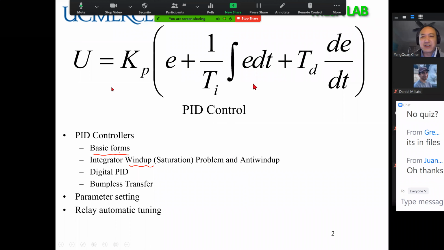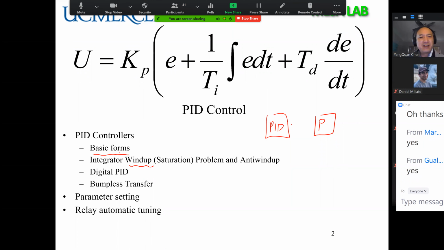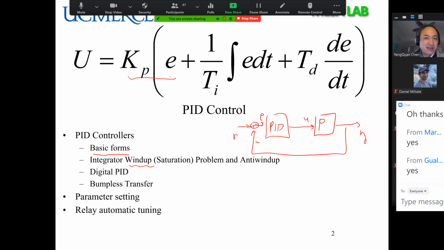Do you see the screen with a PID here? Okay, good. So basically, you have a plant, you have a PID, then you do a feedback. So this is reference, this is output, this is a minus, this is error, this is U. So basically, U is a function of E. If I only have this term, it's called P controller, right?